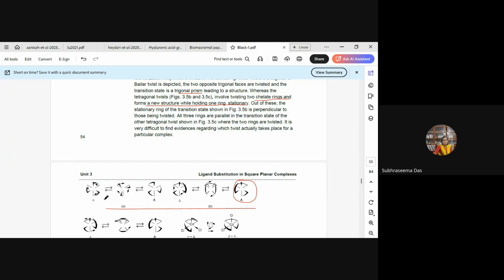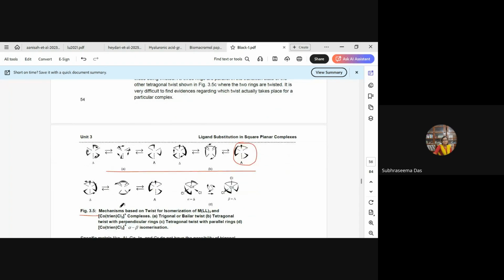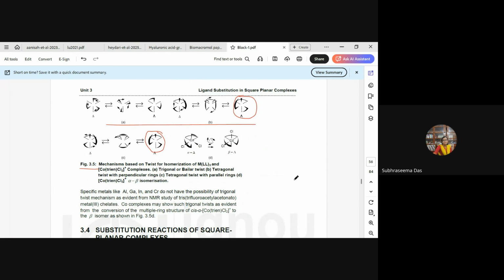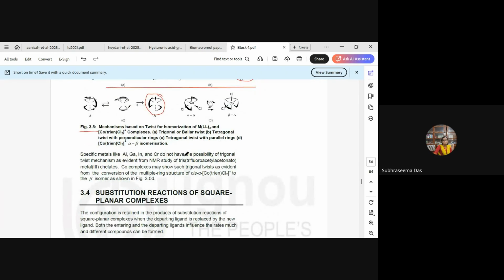However, in the other twist that we have seen in the third case, it is very difficult. The basic difference is that here they are perpendicular, and in this case they are parallel to each other. Specific metals like aluminium, indium, and chromium do not have the possibility of a trigonal twist mechanism.